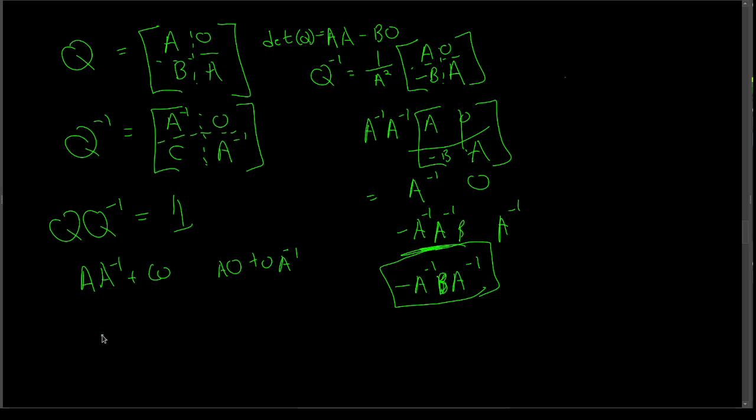For the second row, first element, it's going to be B times A inverse plus 0 times C. And for this one, it's going to be A times C. Right, because for the second row, I'm going to get B times A inverse and A times C. And then for the last element, I'm going to get B times 0 plus A times A inverse. And that equals 1, and that equals 1.